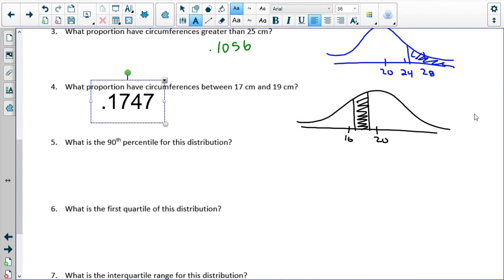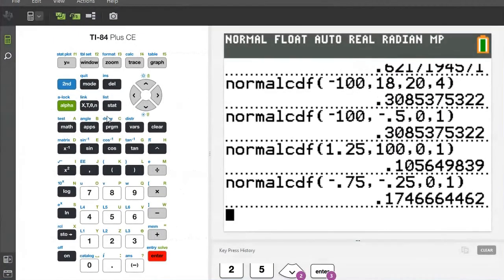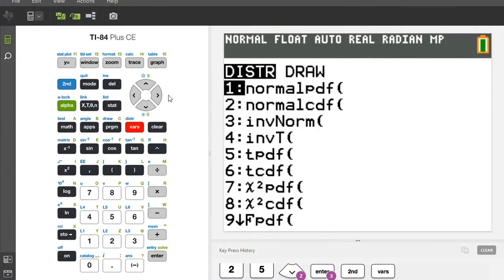What's the 90th percentile? So the 90th percentile is a little different. This is finding the actual value that this distribution has, finding the actual value that I need. So like finding the actual circumference value in centimeters. So what I'm going to do for that is inverse norm.